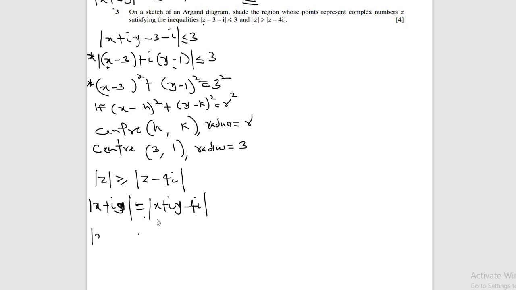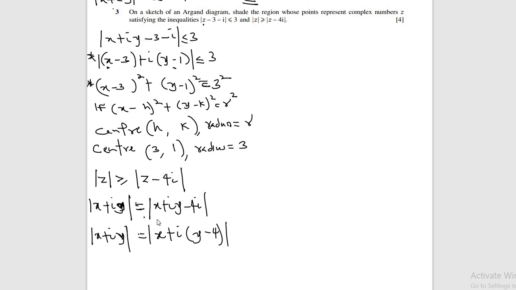So we have x plus iy equal. Now we arrange this. x plus i into bracket y minus 4. So this is what we have.